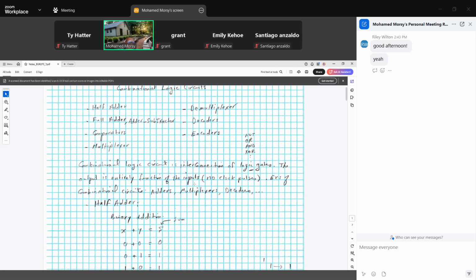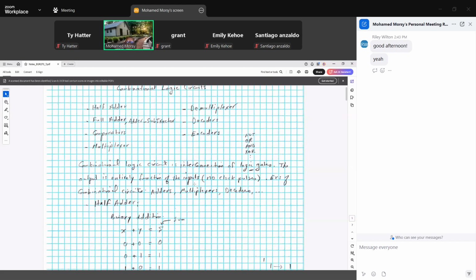In combinational logic circuits we don't use clock pulses, which we use in sequential circuits. So the main difference between combinational and sequential, as we will discuss later, is that in combinational we don't use clock pulses, but in sequential we use clock pulses.